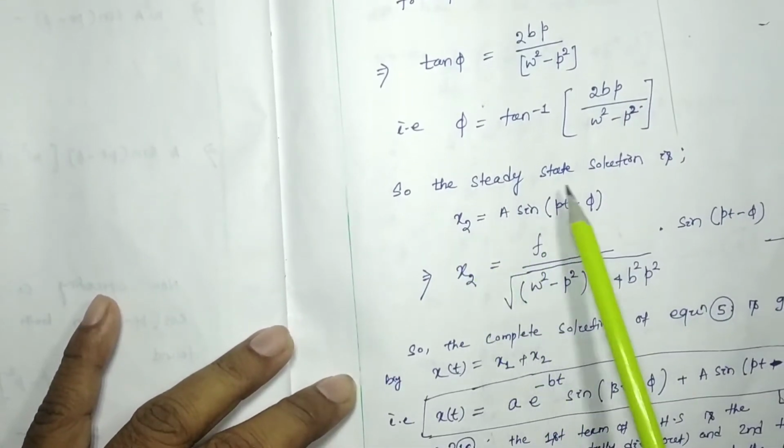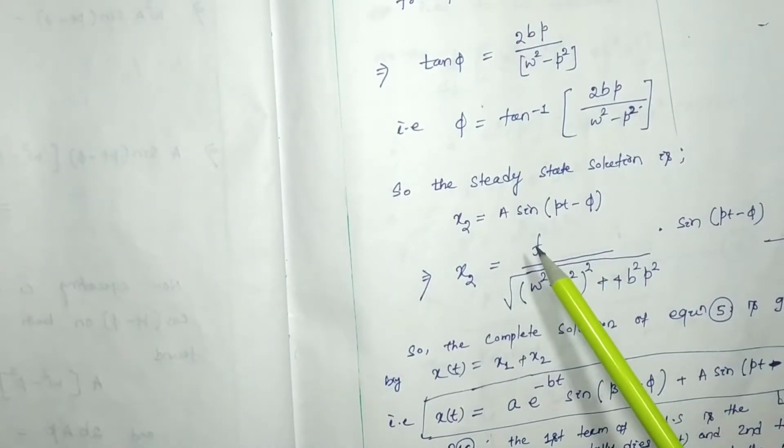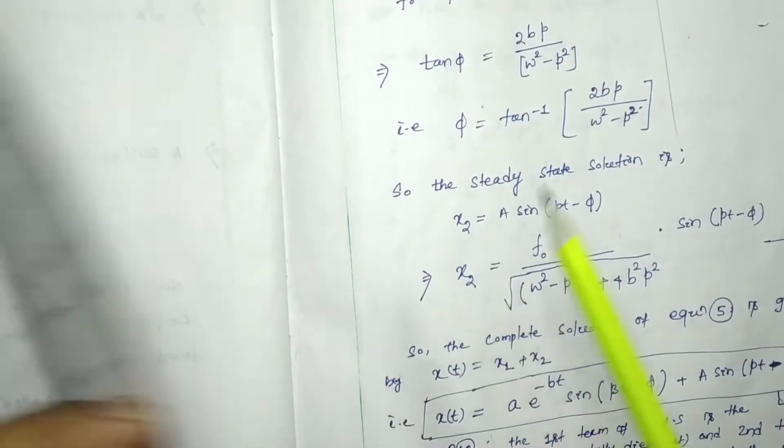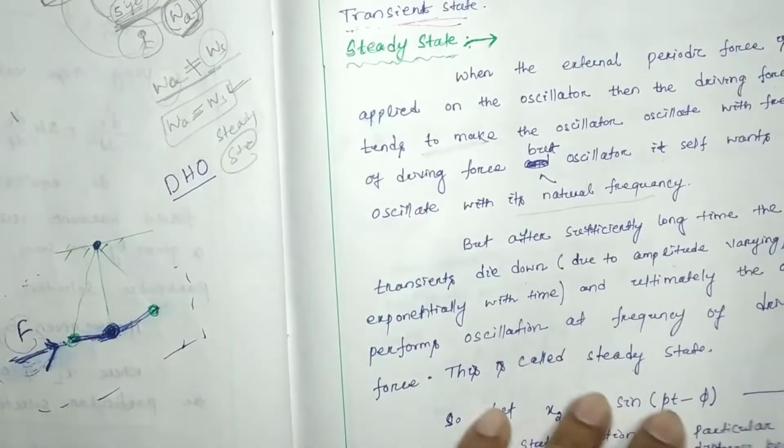So the steady state solution, whatever we can consider, x2 is equal to A sine pt minus phi.